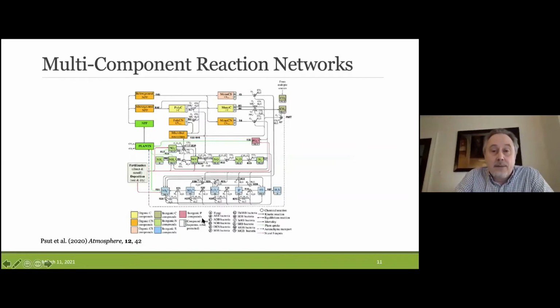And obviously, if you develop one of these very complex, highly coupled reaction networks, you probably can claim that you are more realistically representing what is really happening in natural soil, because we know from experience and from a lot of data that indeed what happens to the carbon is directly linked to what happens to the nitrogen, which is directly linked to what happens here to the sulfur. So you have a more realistic representation of your system.